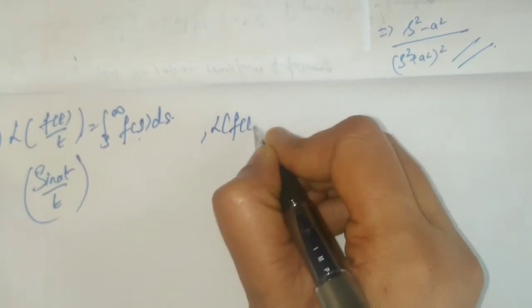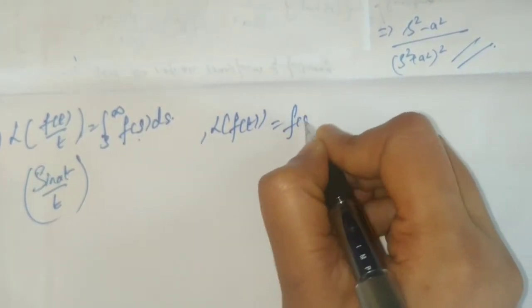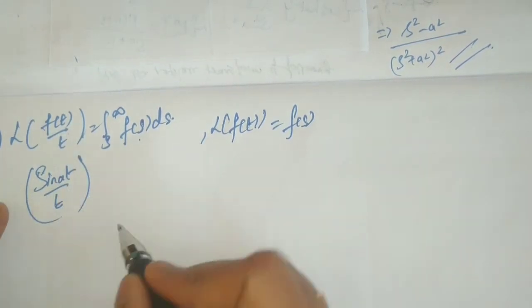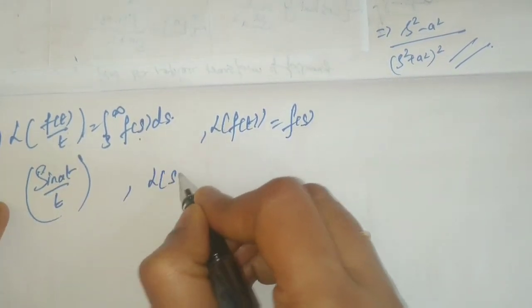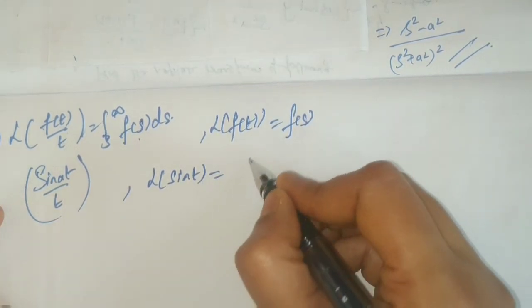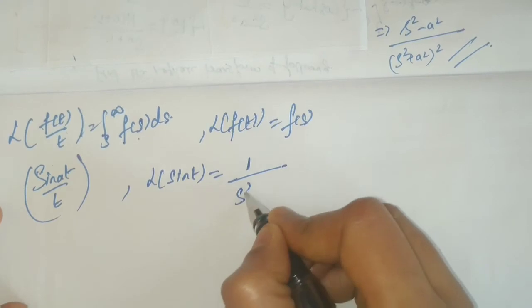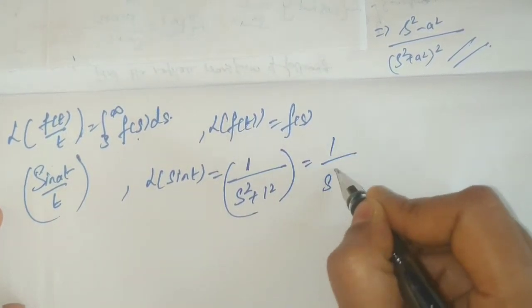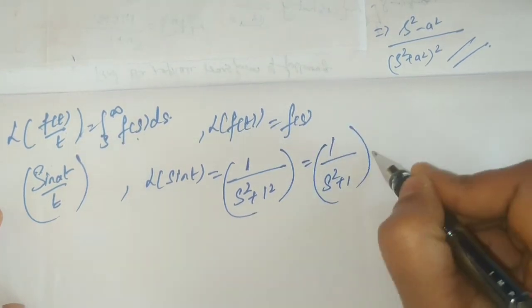The Laplace transform of f of t, we know it gives F of s, right? So here f of t becomes the numerator. So first find the Laplace transform of sine t. As we all know, sine gives constant by s square plus 1 square, which is 1 by s square plus 1.